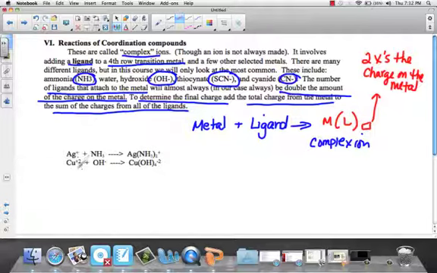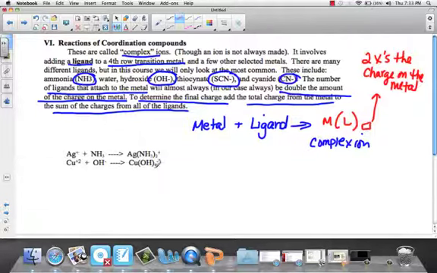Right, let's look at the next one. We have copper plus OH-. So copper, OH-, 2 times 2 is going to give me 4. So it's going to give me a 4 right here. What we have to figure out now is that OH is a -1, but you've got 4 of them.